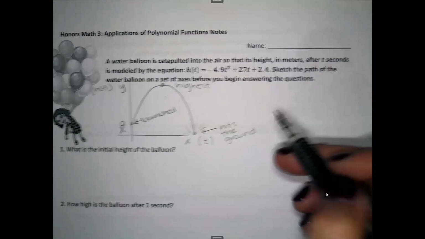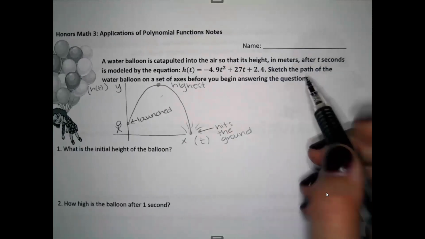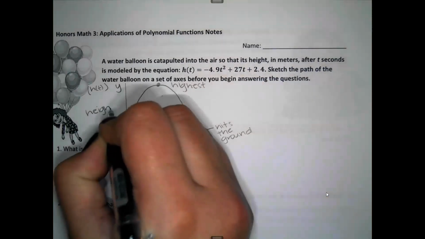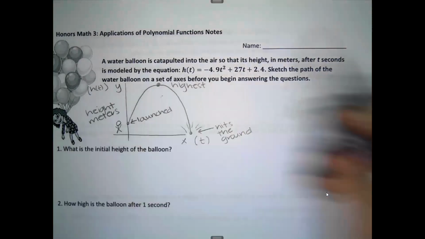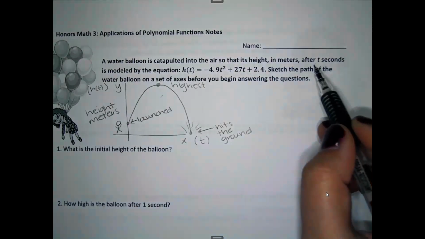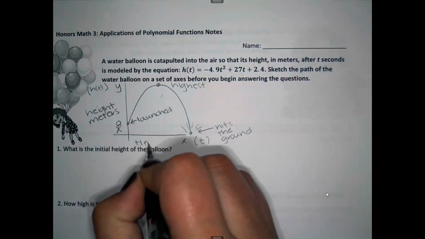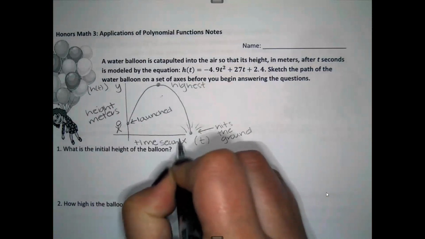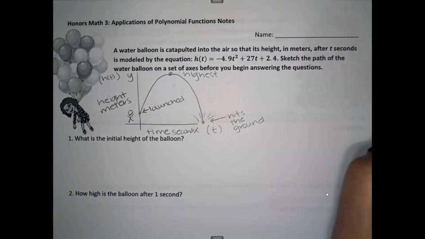They say that this is based off the height in meters. So the y-axis is the height in meters. The x-axis is the time in seconds. Ooh, didn't leave enough room. Okay. So there's the picture.